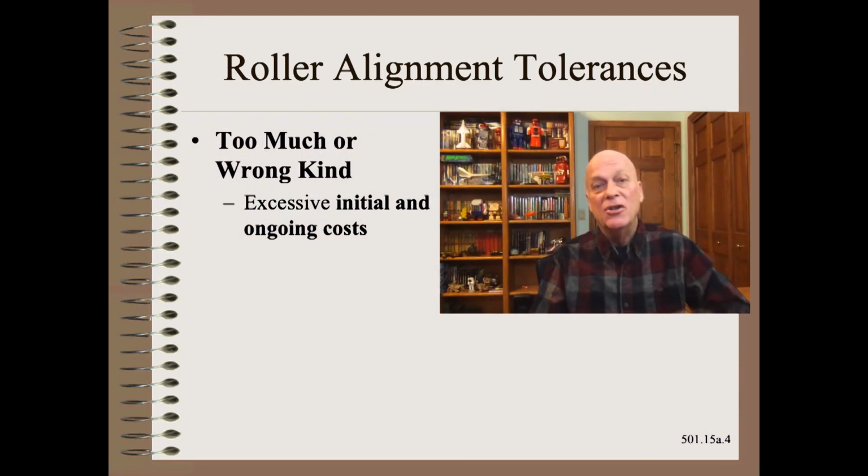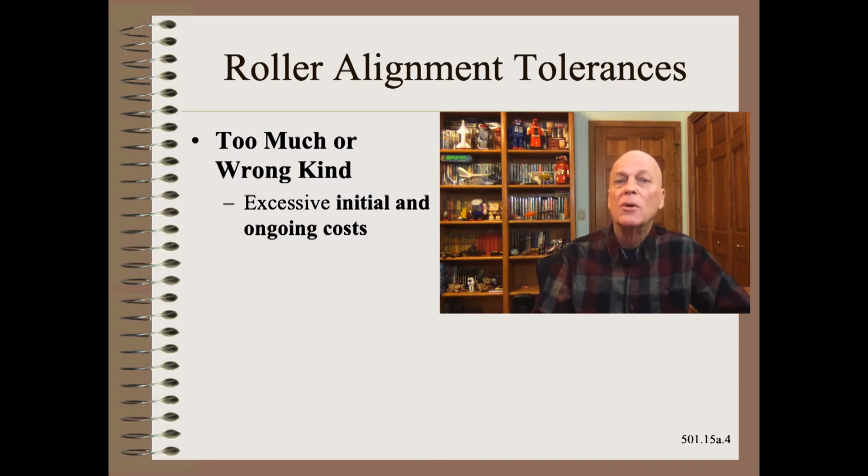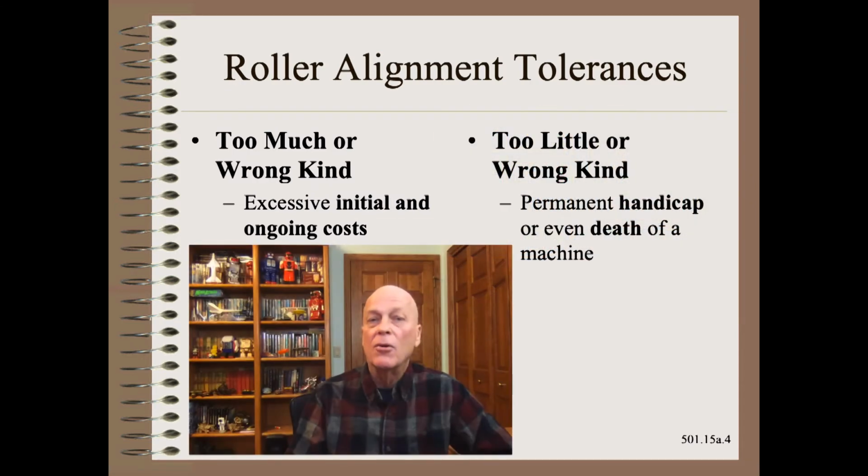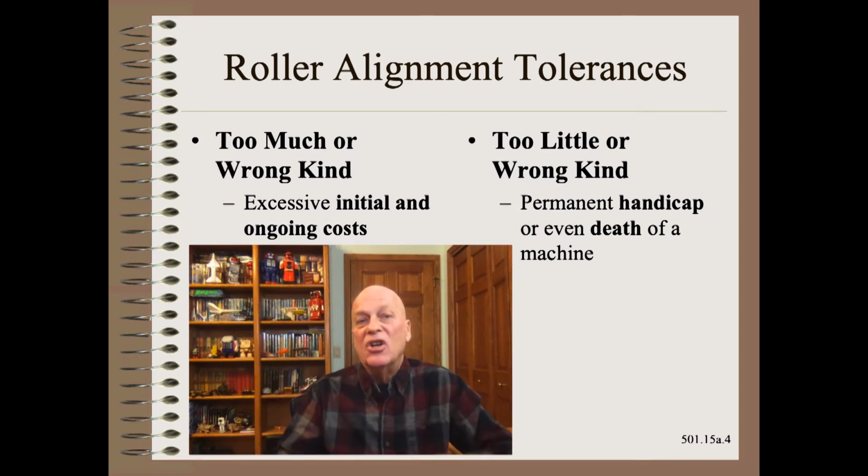If you align too much, for example, you will increase the initial and ongoing costs. If you align too little, for example, you will increase waste, delay, and/or customer complaints. So, there is an economic optimum amount of alignment or any other initial or ongoing costs. This is a topic I've written on and taught much upon, so we don't need to cover that here.